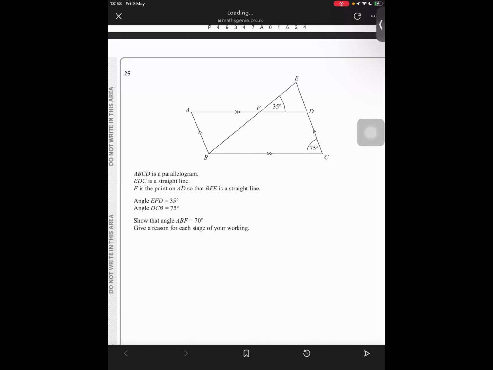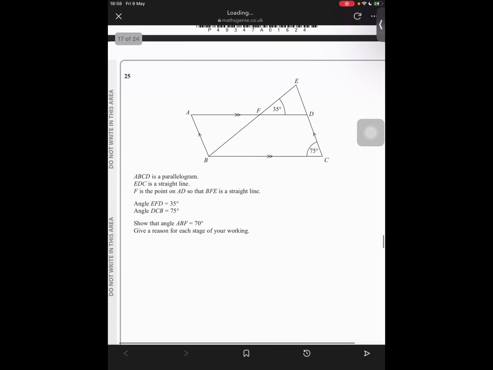Okay. So let me see. All right. First off, we know we're dealing with a parallelogram, right?